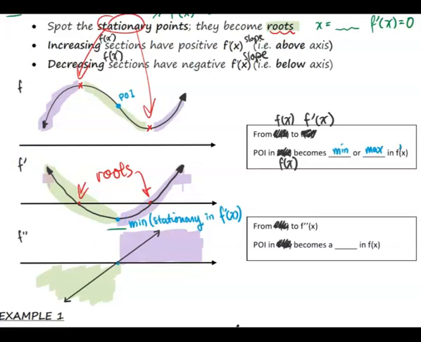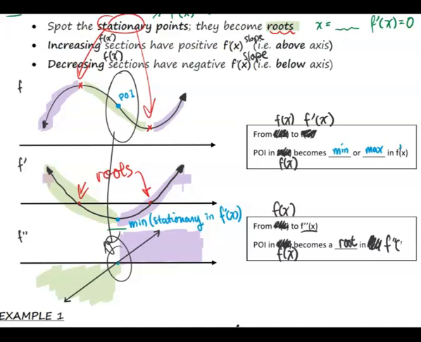And if we were to go from the original graph, f of x, to the second derivative, any points of inflection then looks like a root in the second derivative graph. Okay, so just ignore this typo right here.